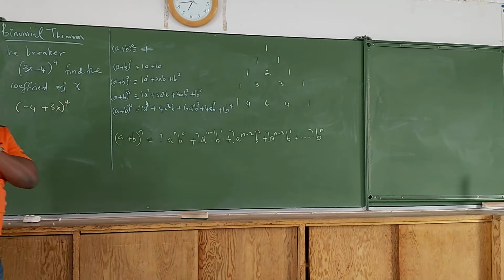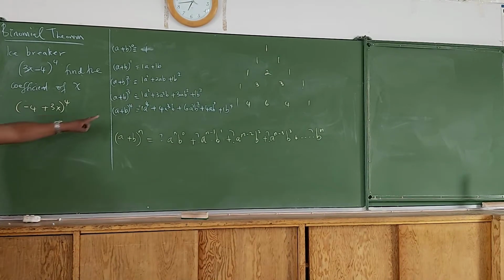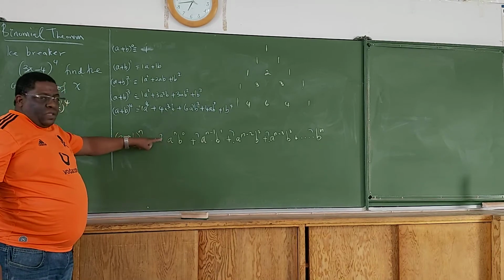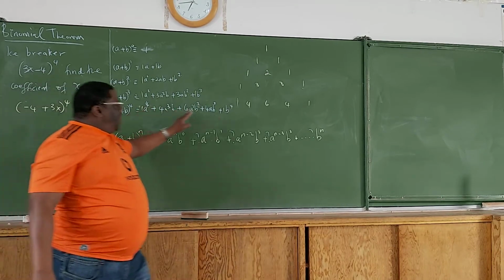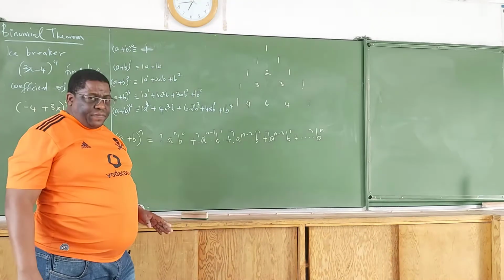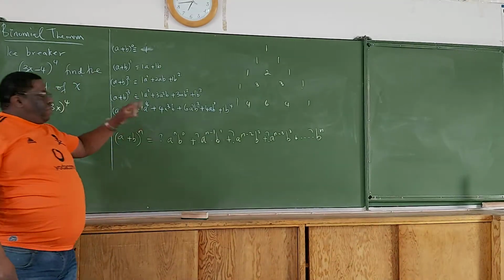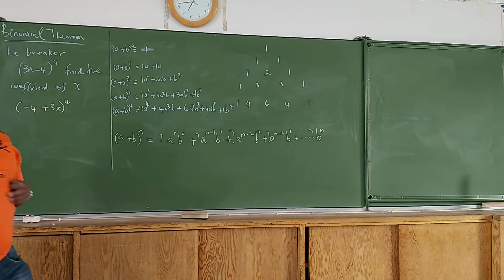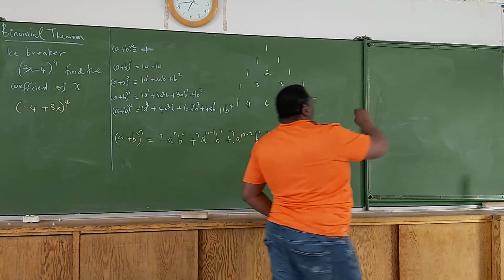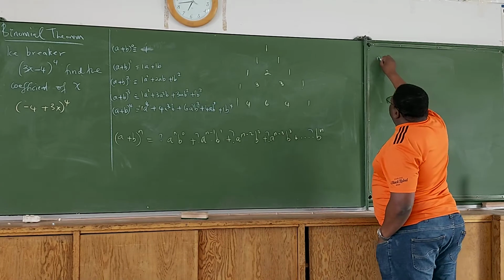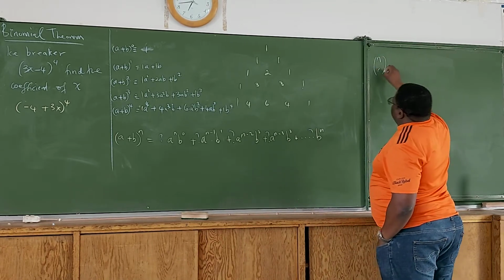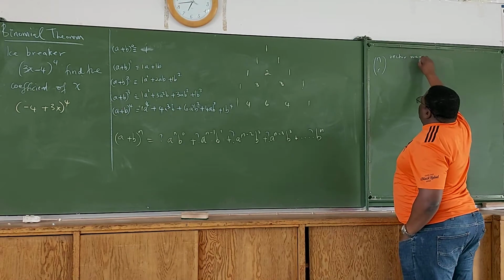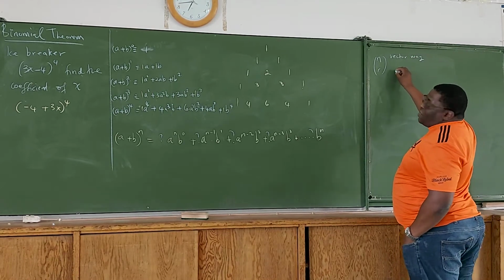Now to find those coefficients, like we have seen, when we have a to the power 4, the coefficient here was 1. Even the last one, the coefficient was also 1. Right. So there is a way that we can find these coefficients, and we're going to introduce you to what we call nCr, which is a vector way or method of giving the same notation.